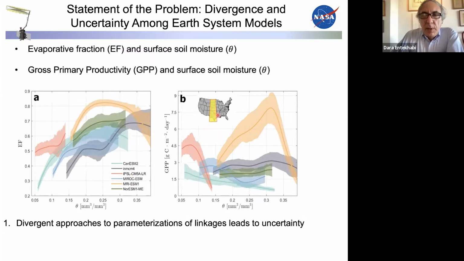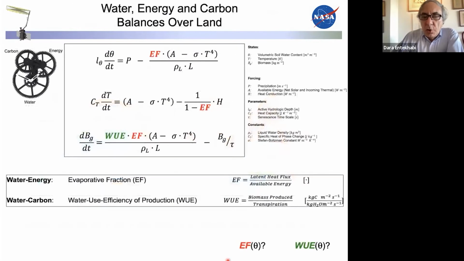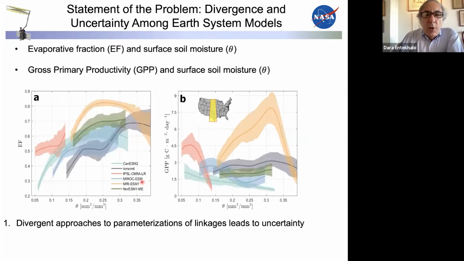Taking a piece of real estate, looking at this evaporative fraction as a function of soil moisture, this closure function, and this water use efficiency, how they're linked across these six models across this region. So this is the closure relationship that's built into these models in those many thousands of lines of code. And what is clear is that there are large variations across these models in how they link the water, energy, and carbon cycles.